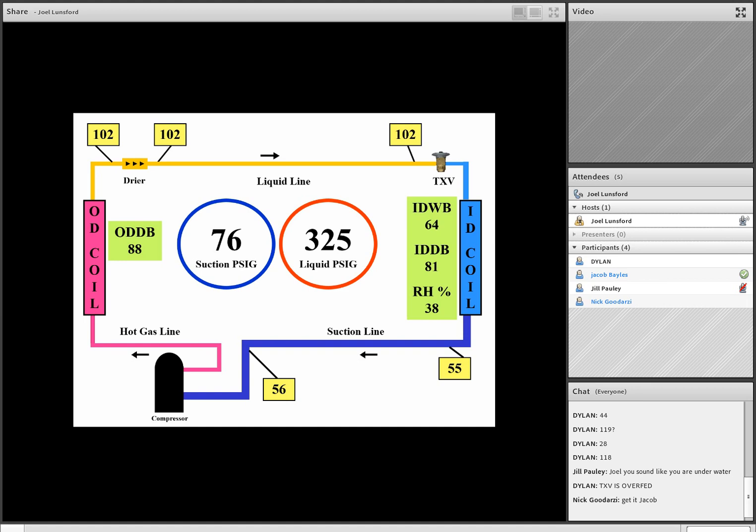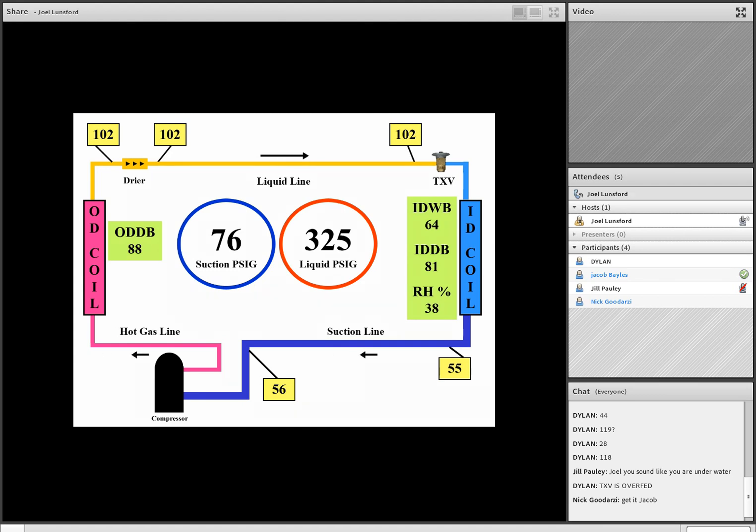Indoor coil is about normal, which tells us the expansion valve is working okay. The expansion valve is functioning because it's holding that liquid pressure back, and it's maintaining a superheat of about 10. That expansion valve is also helping maintain about a normal suction pressure.